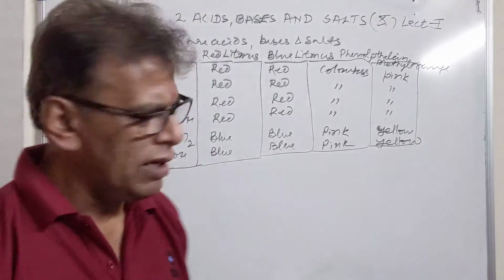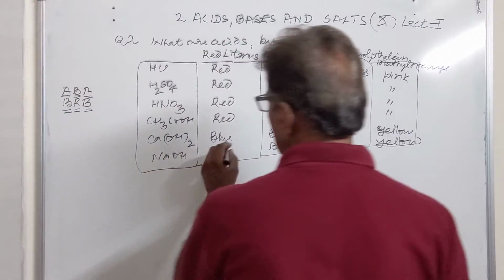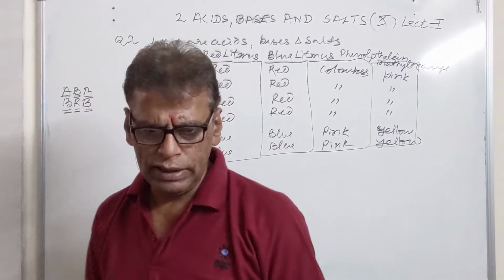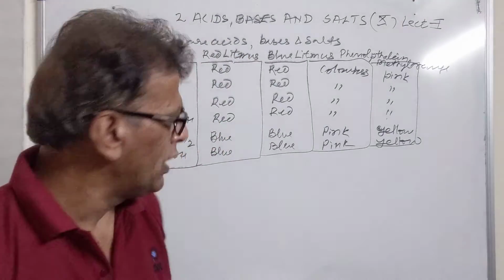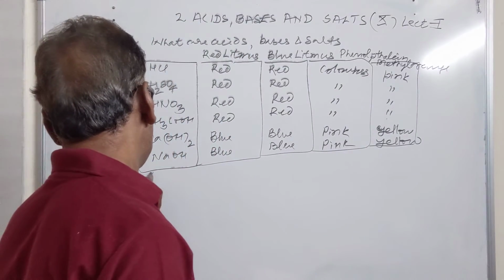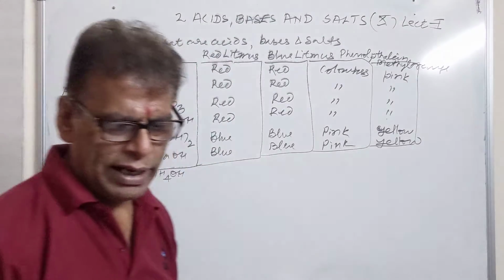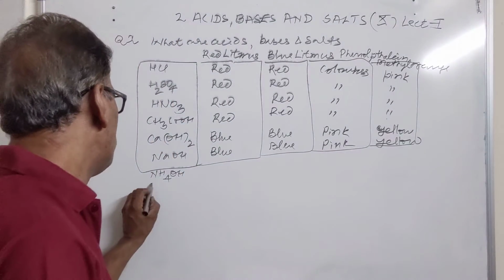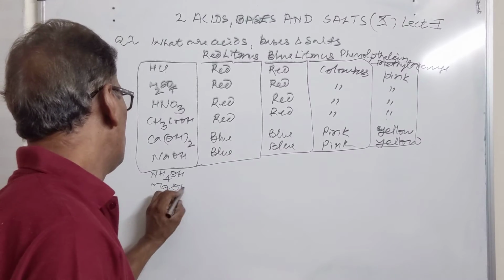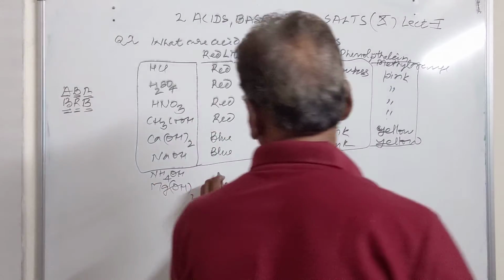Then we have calcium hydroxide, just like this base. We have the change of color, ammonium hydroxide. All the bases will produce these types of color. You have ammonium hydroxide, another base, you have magnesium hydroxide. So all the bases will produce the same.